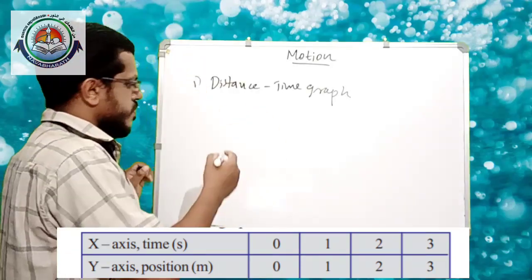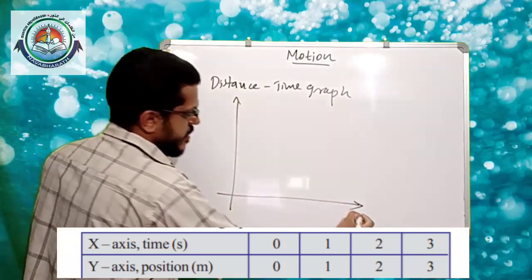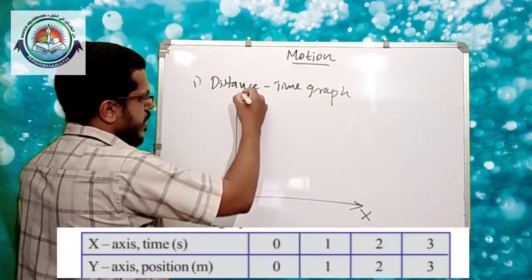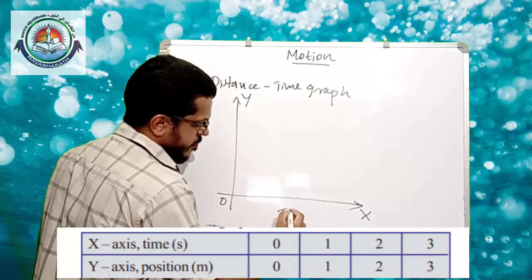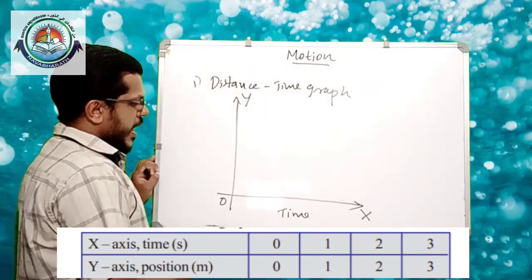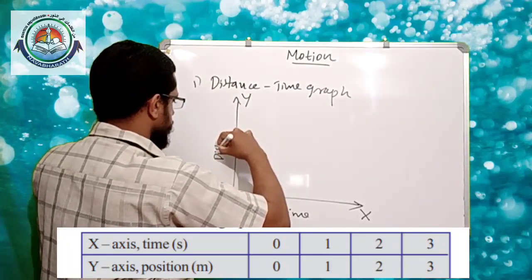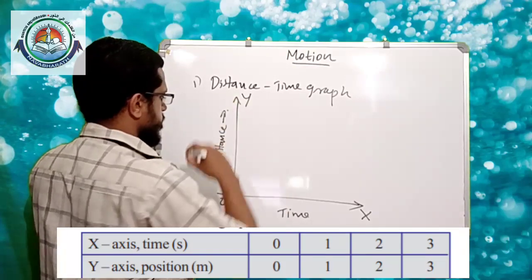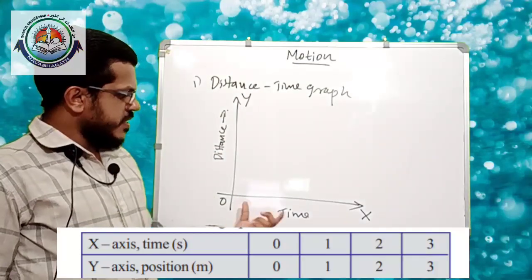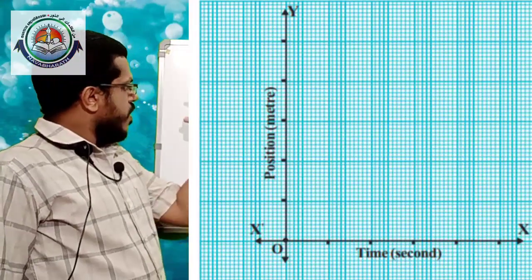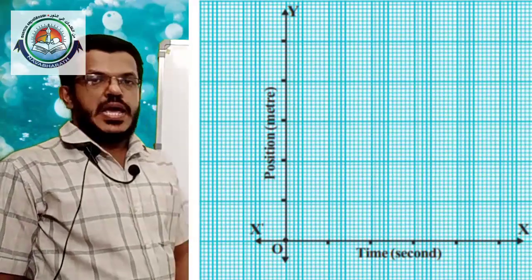First we draw on a graph paper: here is the x-axis, here is the origin and here is the y-axis. On the x-axis we take time, and on the y-axis we take distance or position. If we take time on the x-axis and distance on the y-axis, this graph is known as a distance time graph.